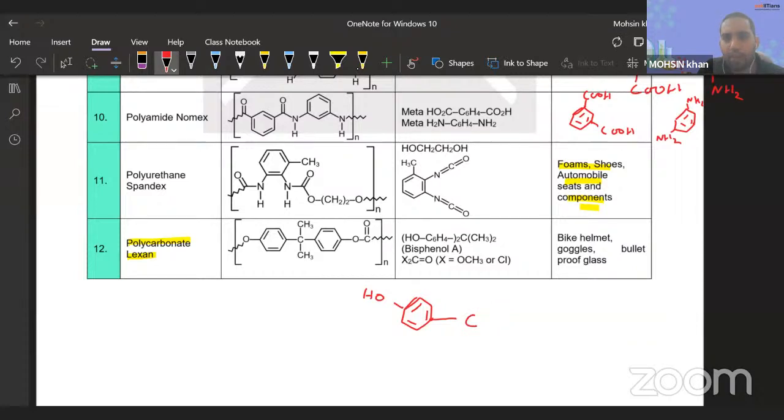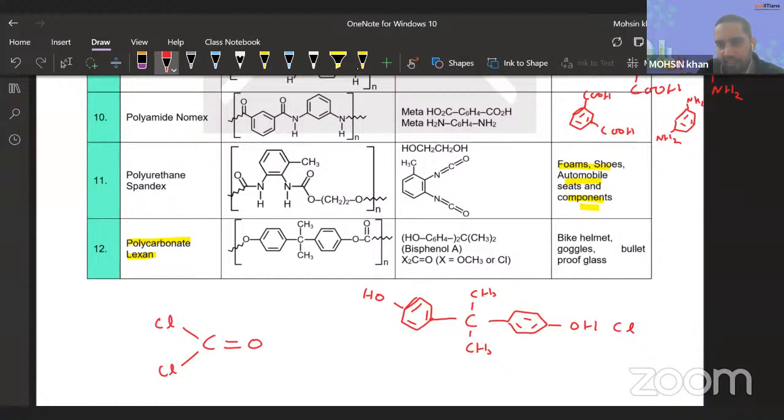A carbon is there. We have two CH3 groups on this carbon. Again a benzene ring and an OH. X2CO is C=O. Here we can have Cl, Cl or CH3, CH3.